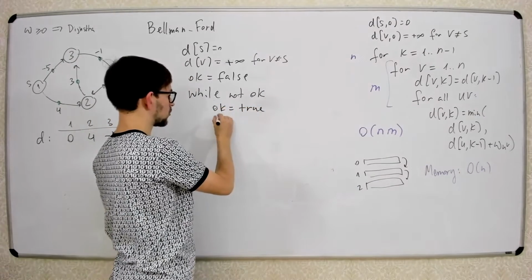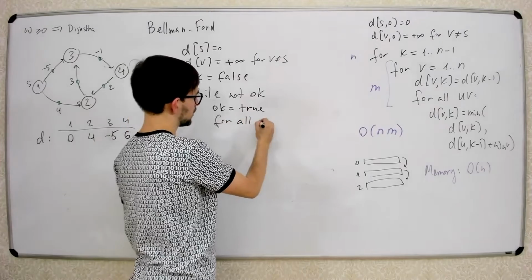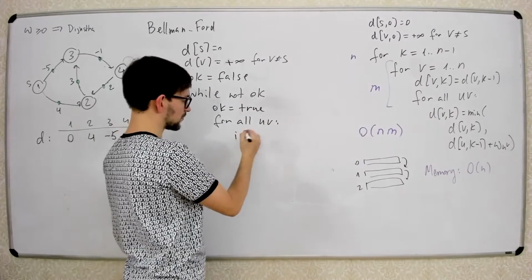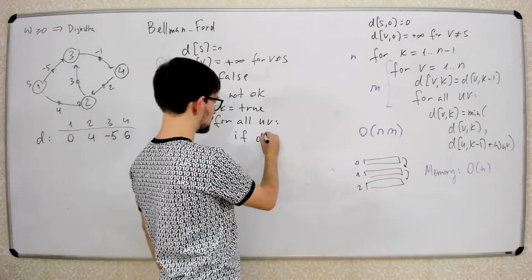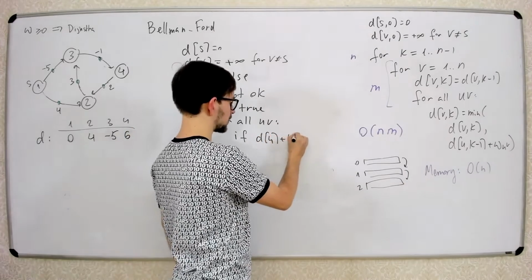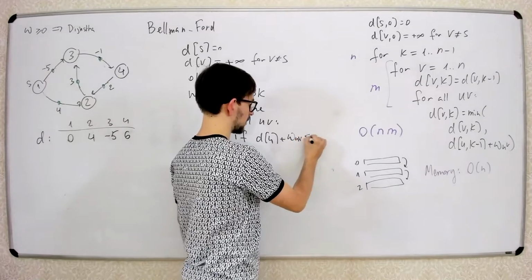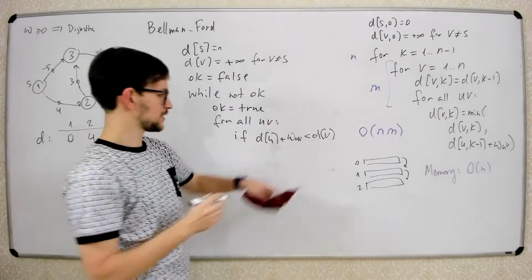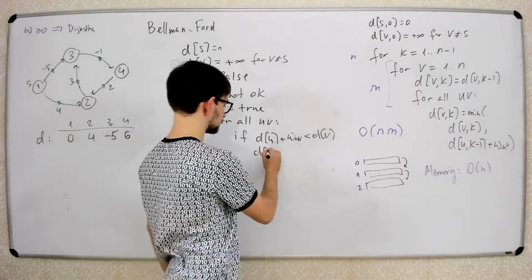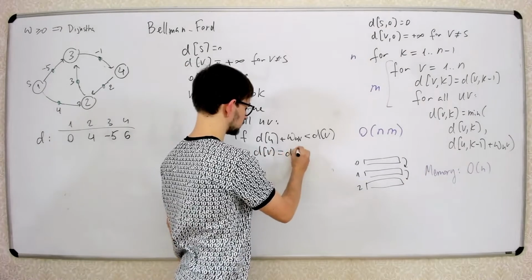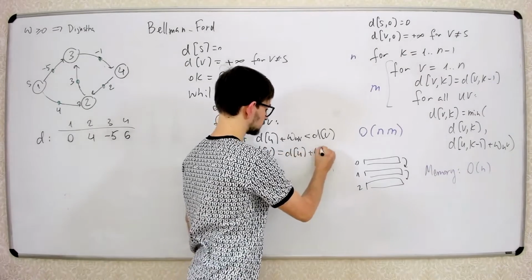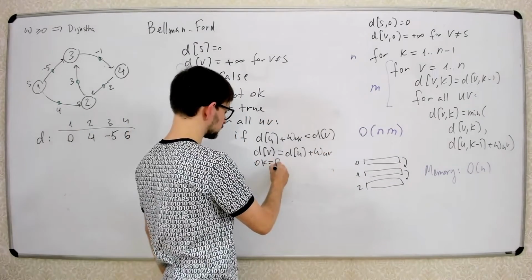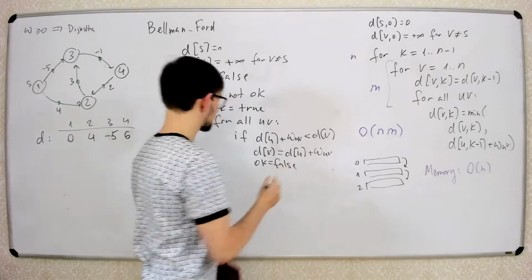And now we iterate over all edges uv. See if the value is updated. So if distance to u plus edge uv is less than distance to v, then we update this distance, and say ok is false. Like this.